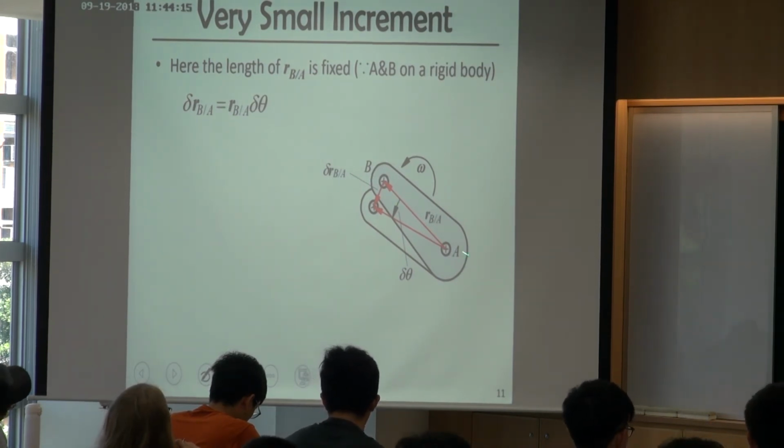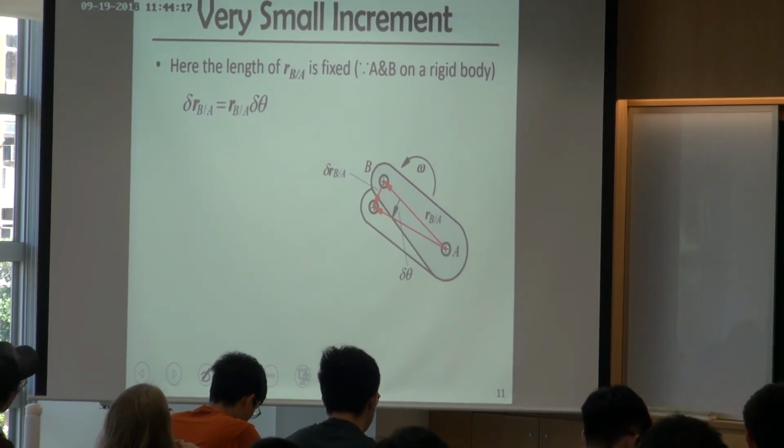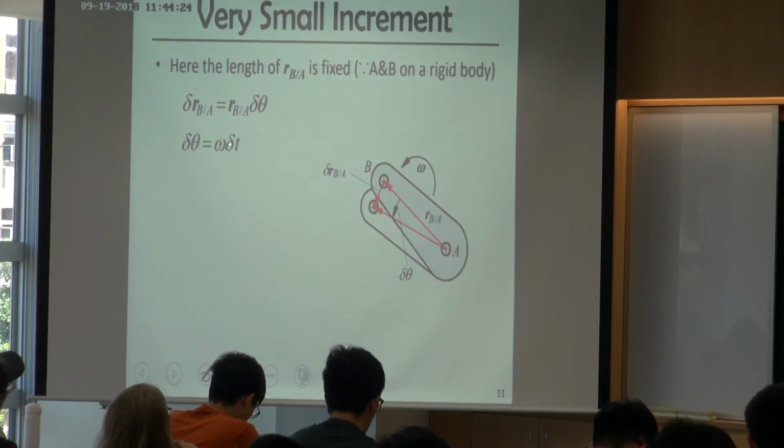Basically, it's R times theta equals the length. And we know that theta is omega times time, and right now it's a very small increment, so delta theta equals omega delta t.